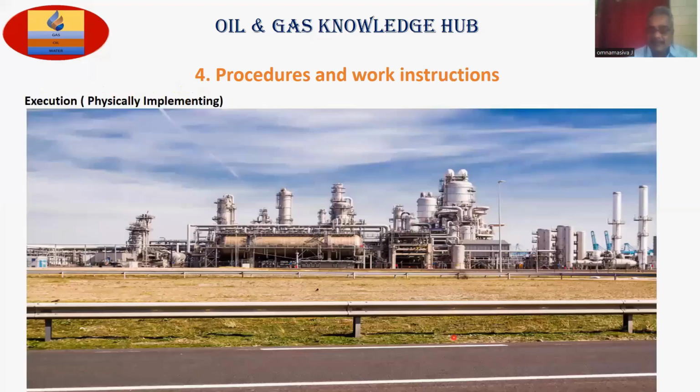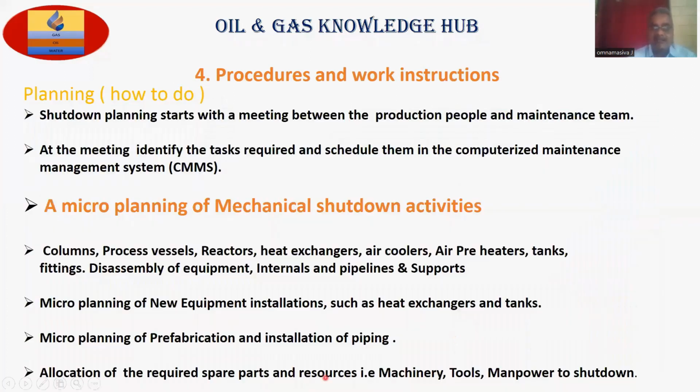And micro planning is also required. Mechanical shutdown activities: columns, process vessels, reactors, heat exchangers, air coolers, air preheaters, tanks, pipe fittings, disassembly of equipment, internals, and pipeline supports. Pipelines also.